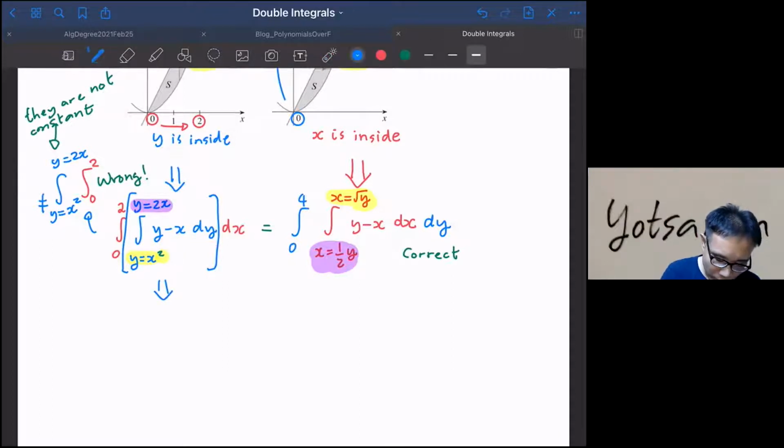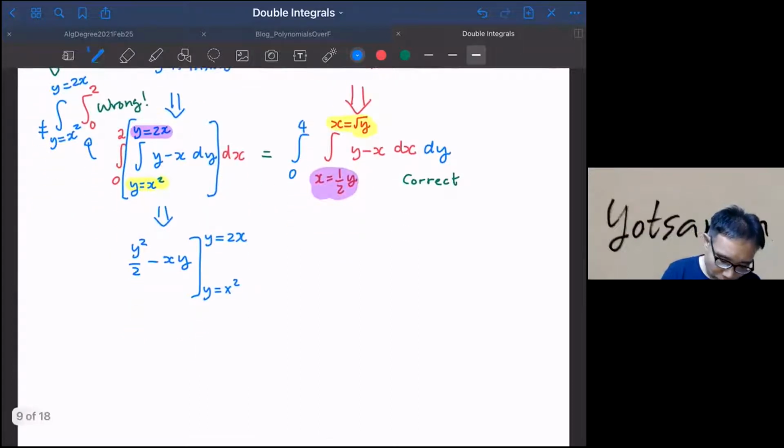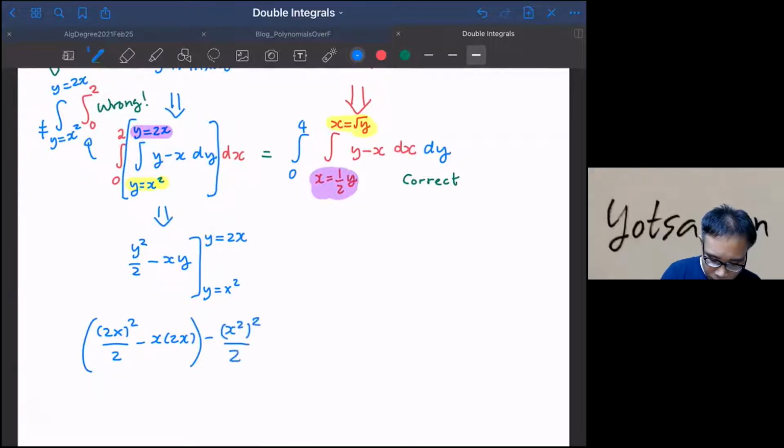You integrate y dy, so you get y squared over 2, and you integrate x dy, where x is a constant with respect to y, so it's xy. Then y equal to x squared and y equal to 2x, and you put them in: (2x) squared over 2 minus x times 2x, minus x squared over 2 minus x times x squared.